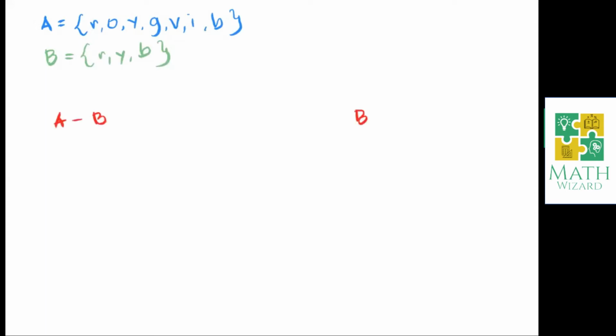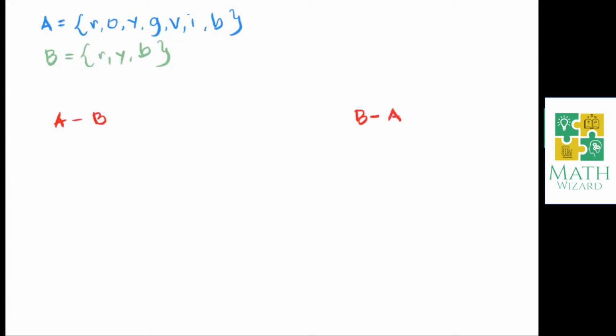For set A, we have the R, the O, the Y, the G, the V, the I, and letter B. For our set B naman, we have the R, the Y, and the letter B. Now we are asked to find A minus B and B minus A. Okay.